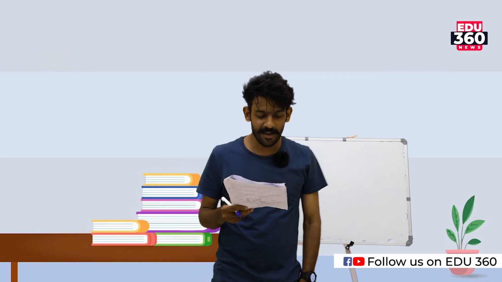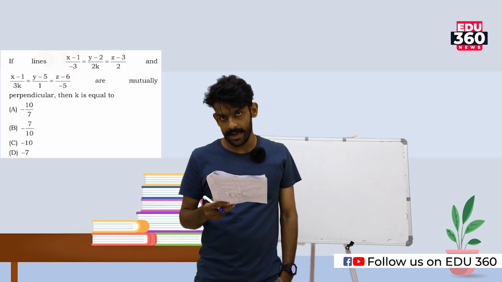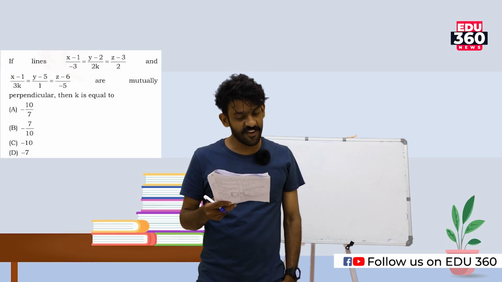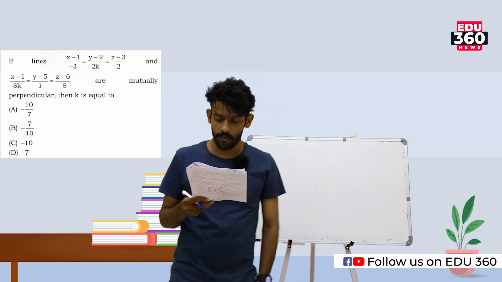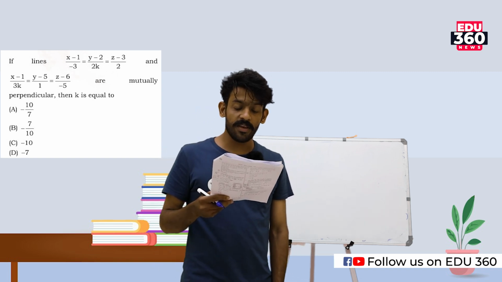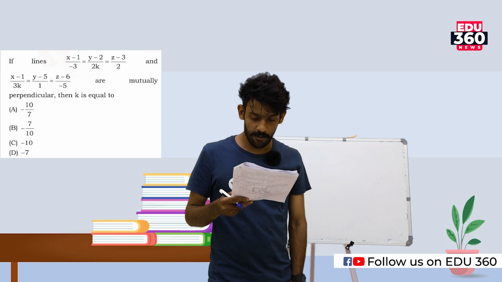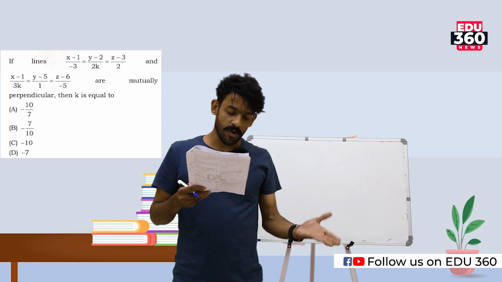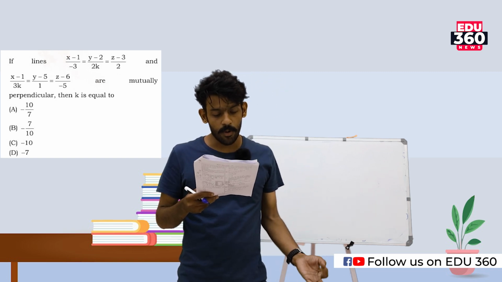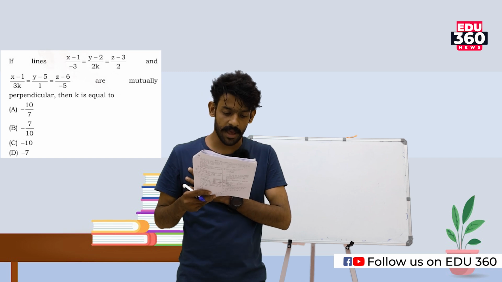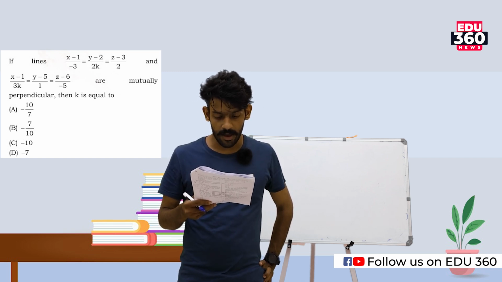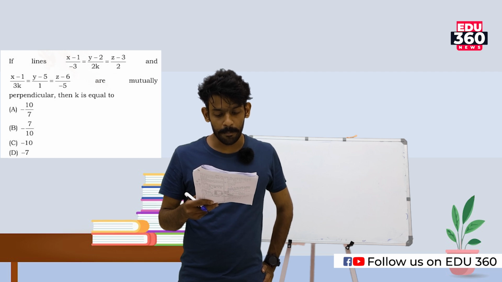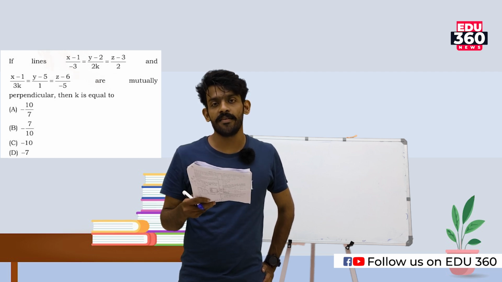The next question is: if the line (x minus 1) divided by minus 3 is equal to (y minus 2) divided by 2k, which is equal to (z minus 3) divided by 2, and (x minus 1) divided by 3k is equal to (y minus 5) divided by 1, which is equal to (z minus 6) divided by minus 5, are mutually perpendicular, then k is equal to what?